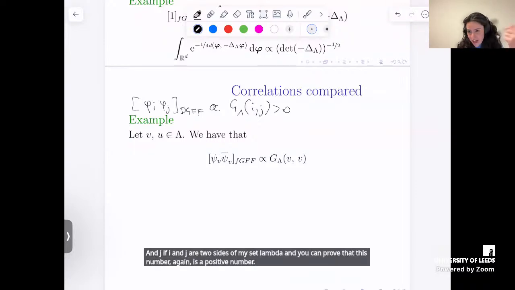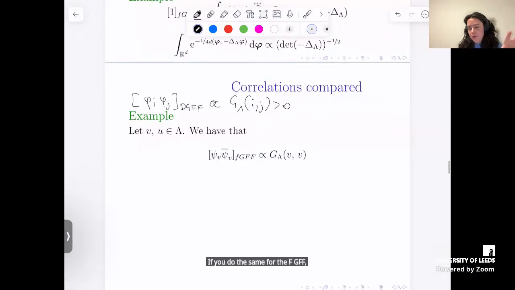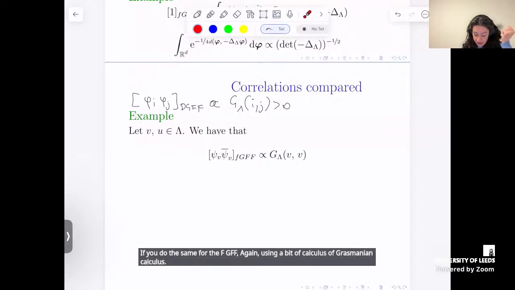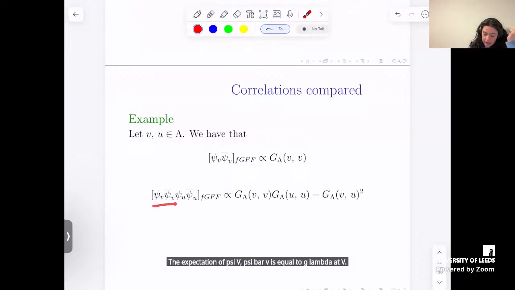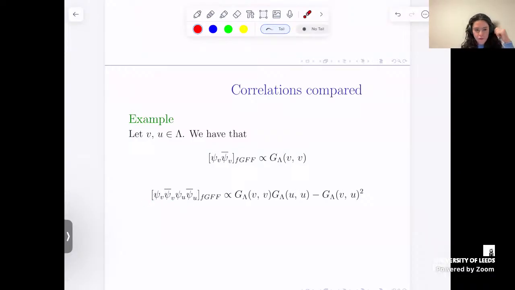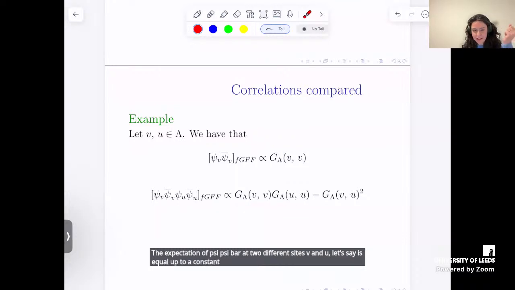If you do the same for the FGFF, again using a bit of Grassmannian calculus, the expectation of psi v psi bar v is equal to G lambda at v. The expectation of psi bar at two different sites, v and u, let's say, is equal up to a constant to the following number.